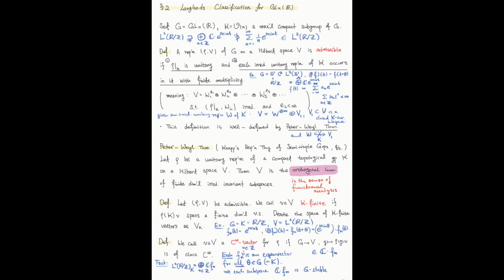Now, what is the L2 space of S1? Well, it is the so-called Hilbert direct sum of e to the 2 pi i n t. This is just a symbol, but it means simply that every L2 function has a Fourier expansion.